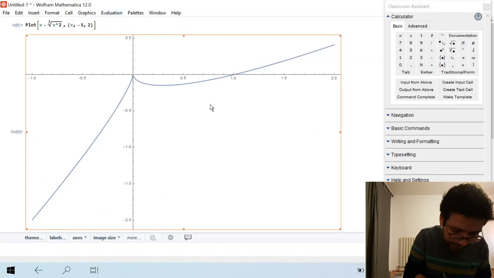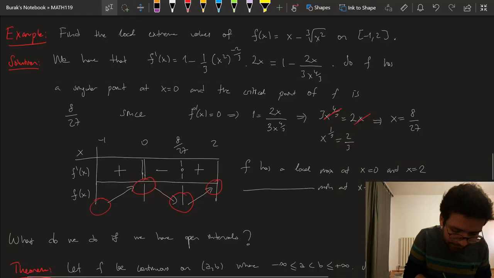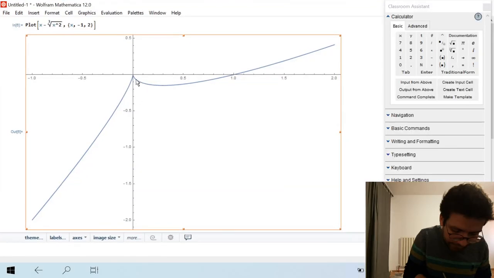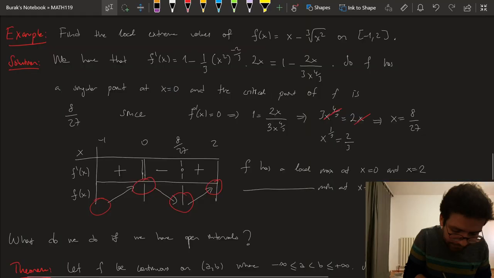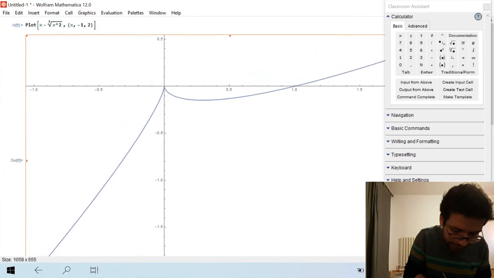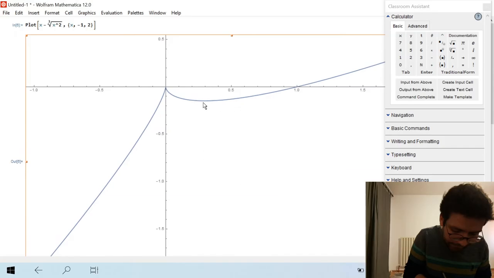Yes. This is the graph of, remember this function, x minus cube root of x squared on the interval -1, 2. Remember, I had this table. This was a singular point. My function was increasing, decreasing, and increasing again. Here is this graph, increasing, decreasing, and over here at the point 8/27, which is somewhere over here, you see a horizontal tangent line.